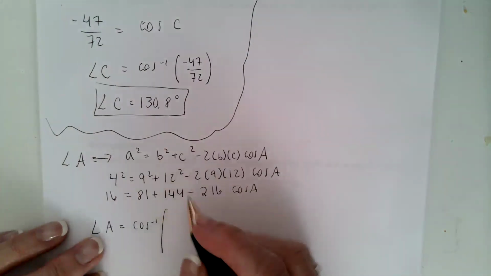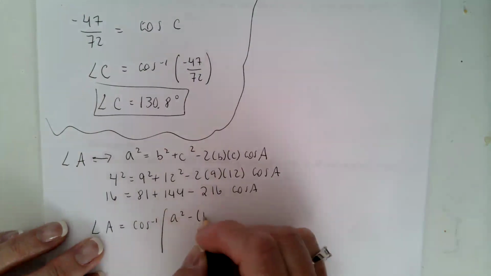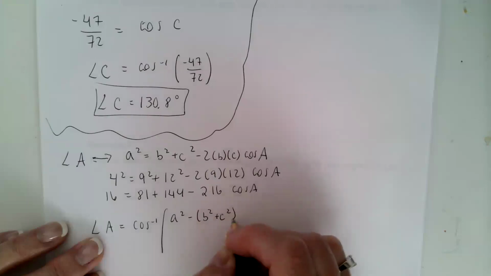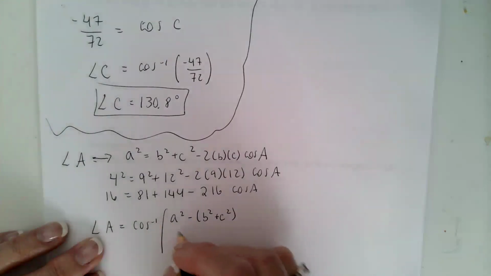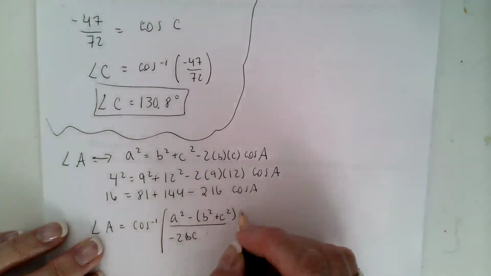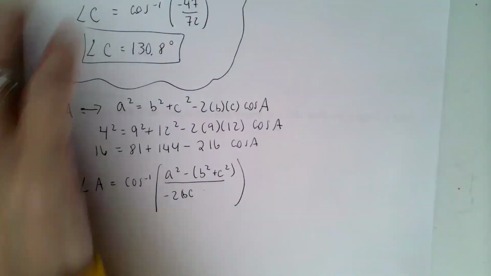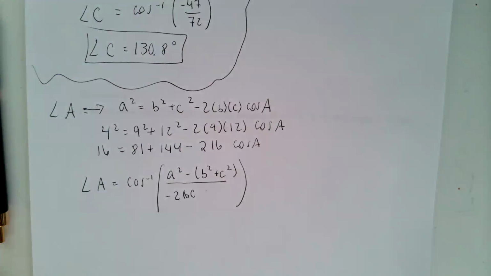So we're essentially taking the inverse cosine of a squared minus b squared plus c squared all over a negative 2bc, is essentially what we're doing when we're solving for an angle.